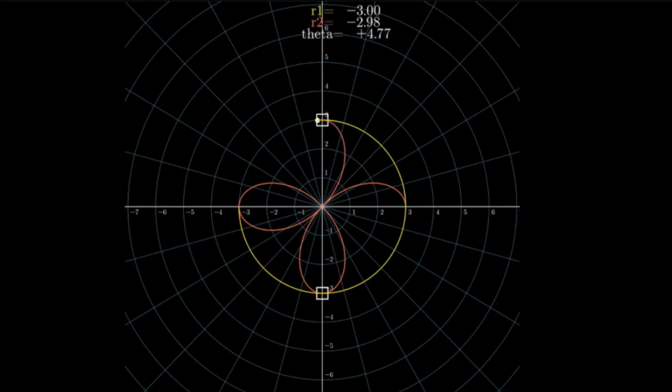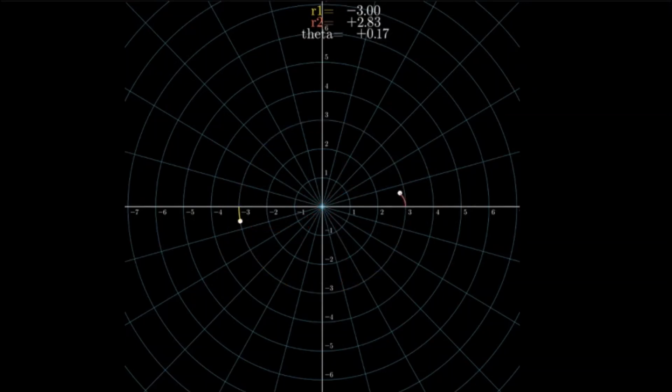Theta equals 3 pi over 2 is a solution, but 2 pi is not, right? These graphs overlap at 0 pi and 2 pi, but they're not actually solutions. We care about when these intersect right there at the same time. They're not intersecting there. They're at opposite ends of the graph, right?